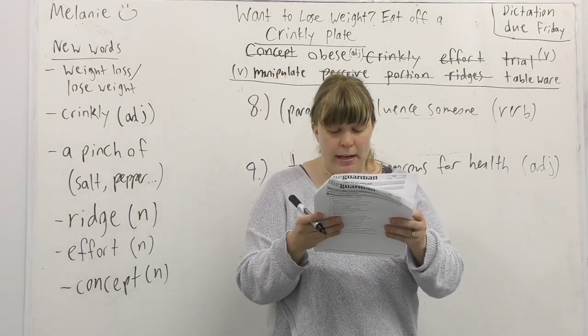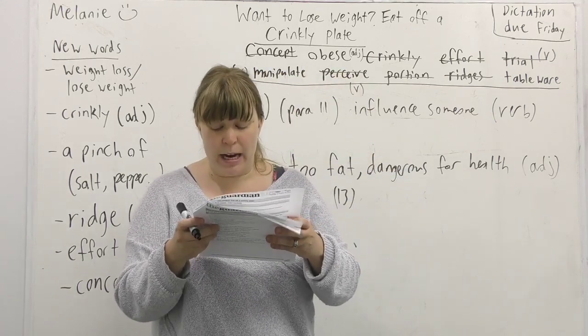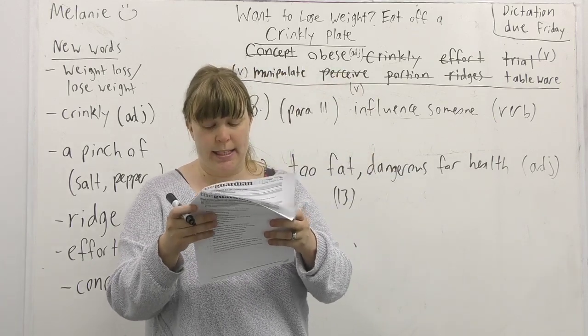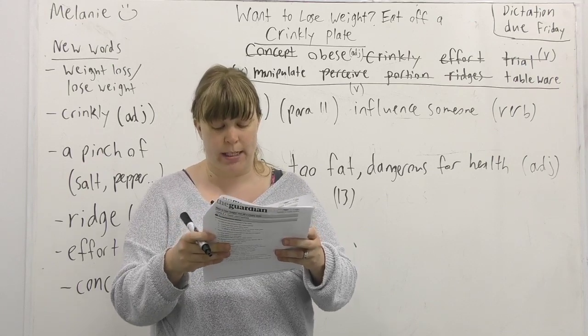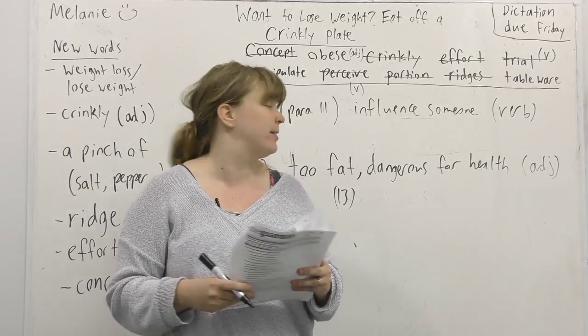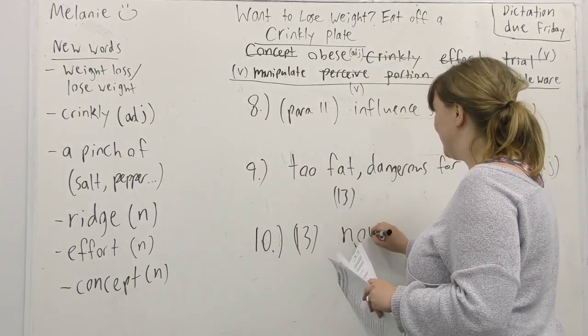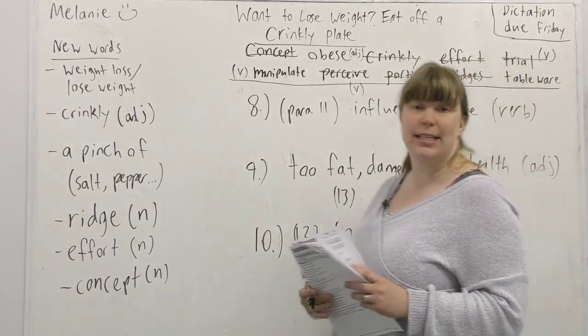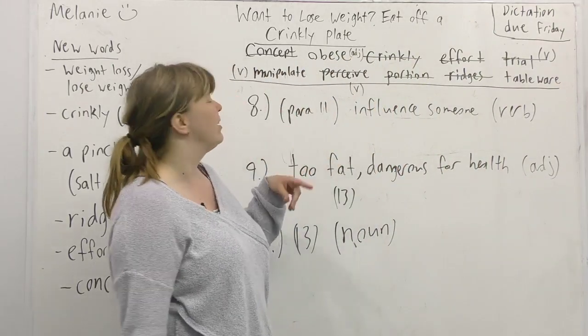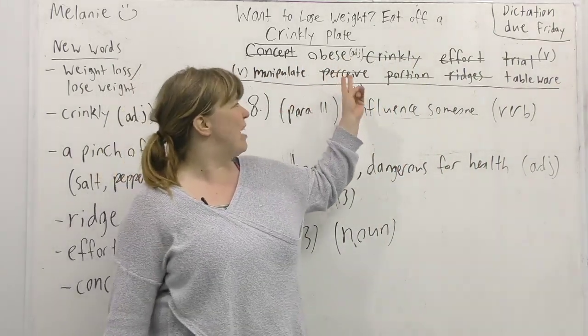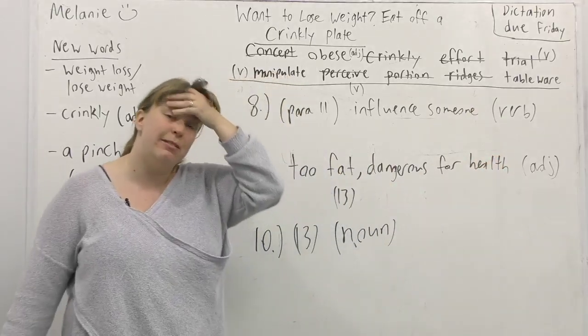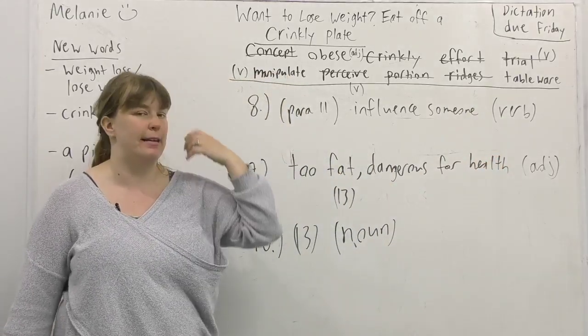However, there has been hardly any study about how tableware design can contribute to weight loss by changing eating habits. Okay, so this last one is going to be a noun. The answers are practically spelled out for you here because we got 1 verb, 1 adjective, and 1 noun. So what do you guys think this could be?